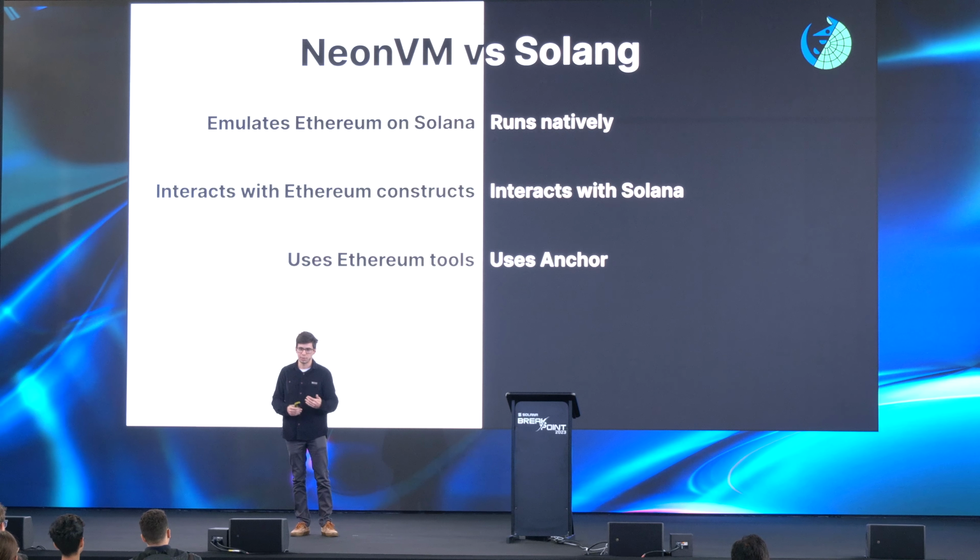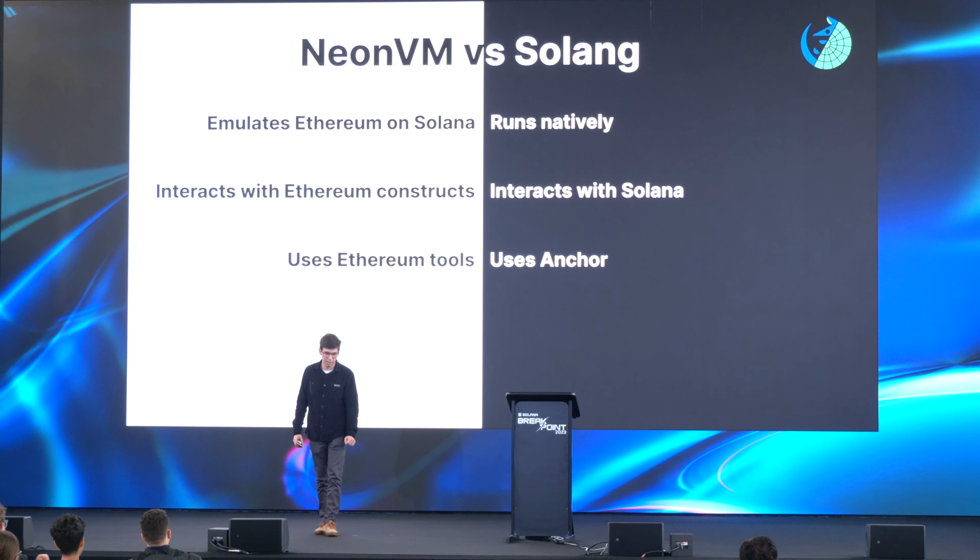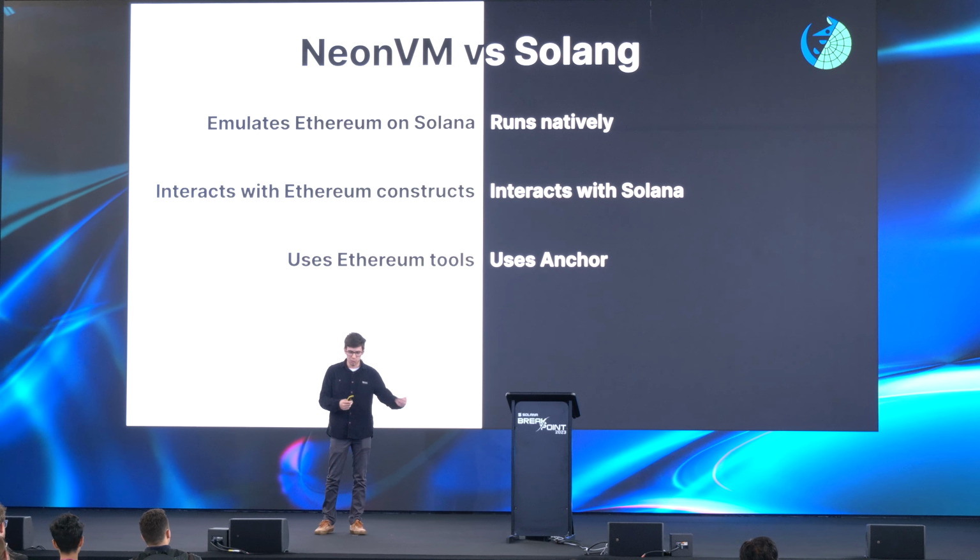You can also use Metaplex and the Bubblegum program directly from Solidity. And on Neon, you need to use Ethereum tools like Hardhat, Truffle. And Solang was built around Anchor, so you can interact with the Anchor CLI, use the Anchor TypeScript client code when you deploy your contract on Solana.